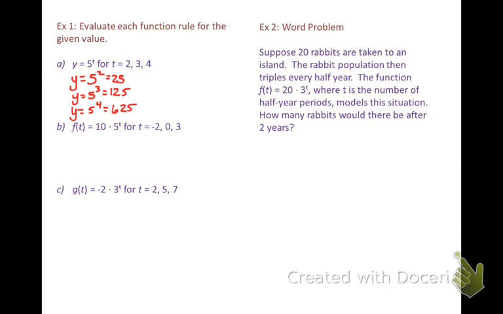All right, B, I have 10 times 5 to the t power. Again, now you have negative 2. Ooh, 10 times 5 to the 0 power, and 10 times 5 to the cubed power. Okay, let's start with this one right here. Can we have a negative exponent?